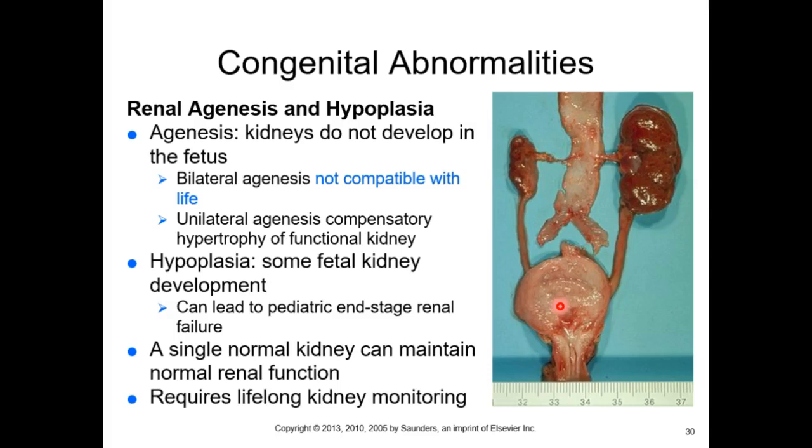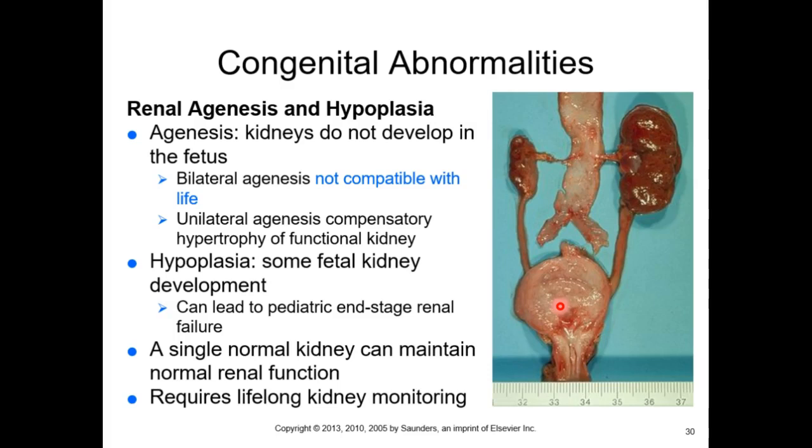Bilateral agenesis of kidneys is not compatible with life. That's going to be a miscarriage. Unilateral agenesis may actually be okay. If you are born with 1 kidney, probably that 1 kidney is going to be over enlarged compared to a person with 2 kidneys. That's going to be a hypertrophic kidney in response to doing the job of 2 kidneys.